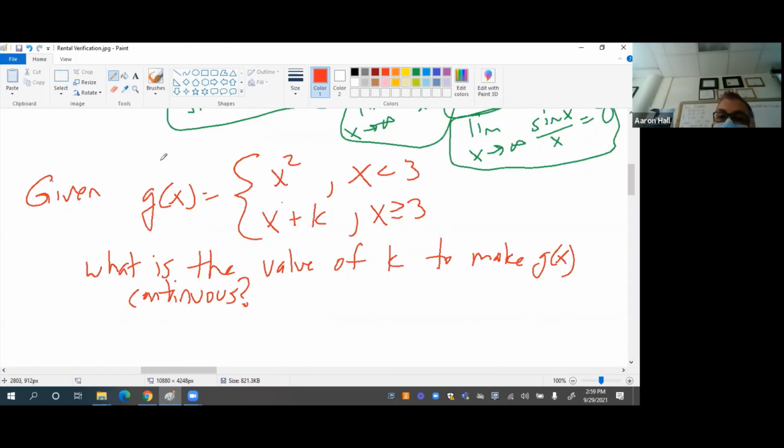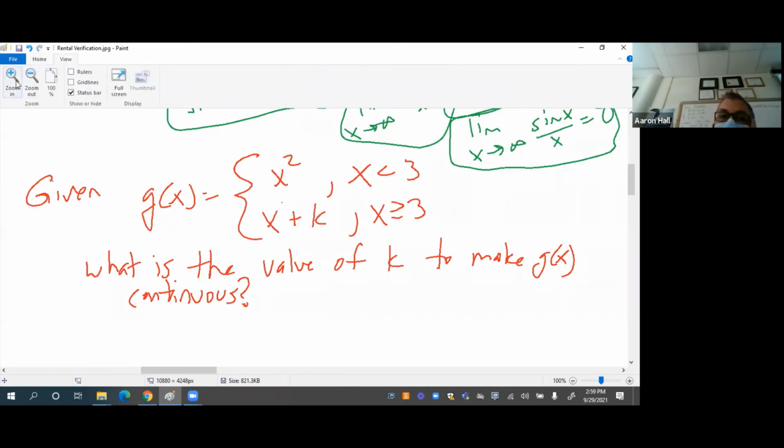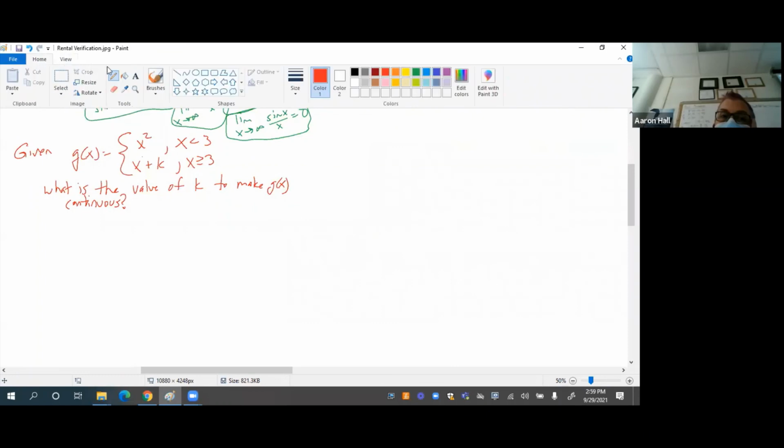Does it help if we drew some type of image for understanding? What is this first function here? Yeah, it is a parabola. I agree with you. We're going to use this parabola for what values of x? Yeah, anything less than 3.